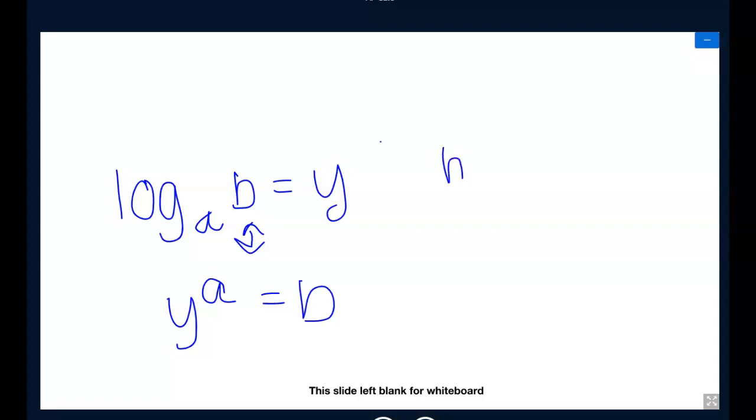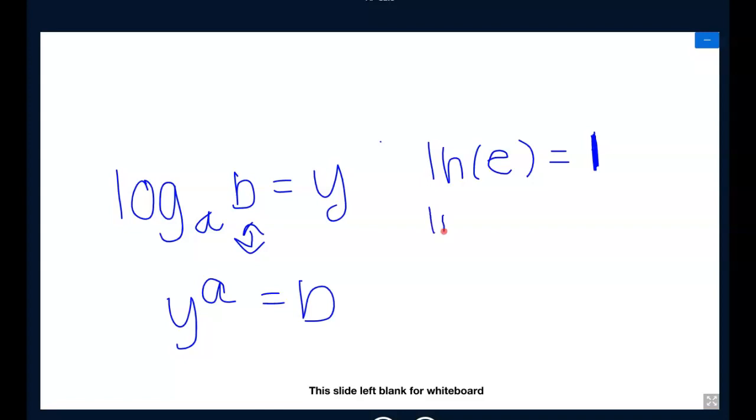It's important to remember that the natural log of e is equal to what? 1. They're inverses of each other.